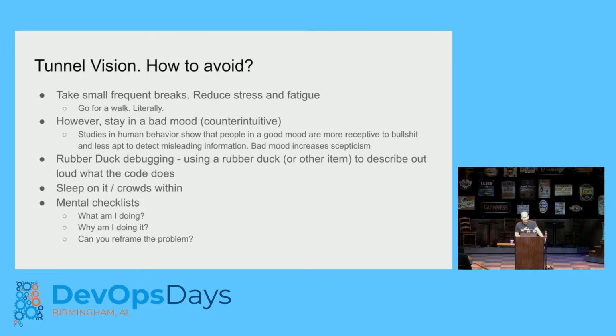The interesting part is that sleep on it comes from crowds from within, which means that as you're talking to yourself, it's actually the same experience as wisdom of the crowd. So there is nothing wrong with talking with your inner voice, which allows you to get the same feedback as you would get from wisdom of the crowds. And of course, go through the mental checklist, because mental checklists often help with tunnel vision, like what am I doing, why, and so on.